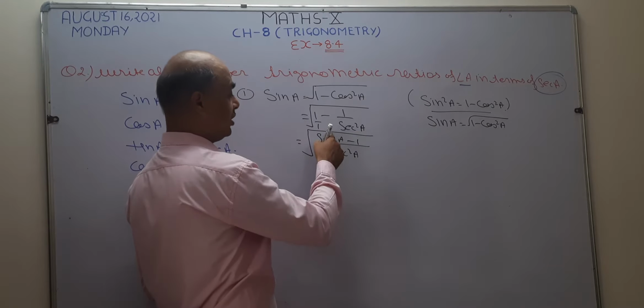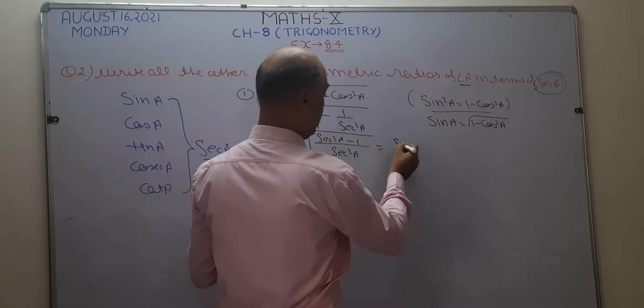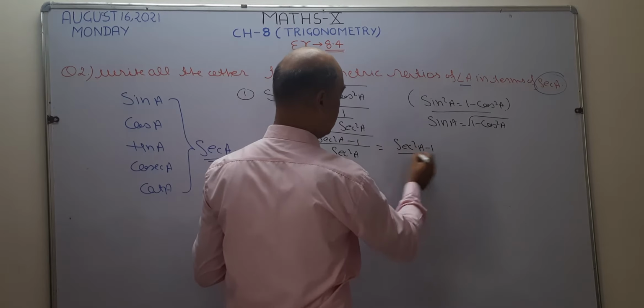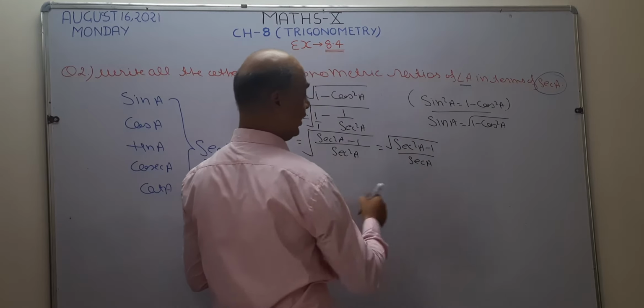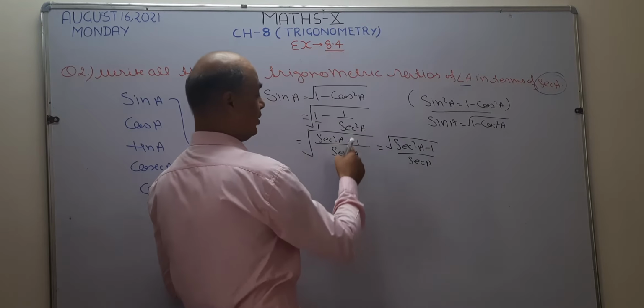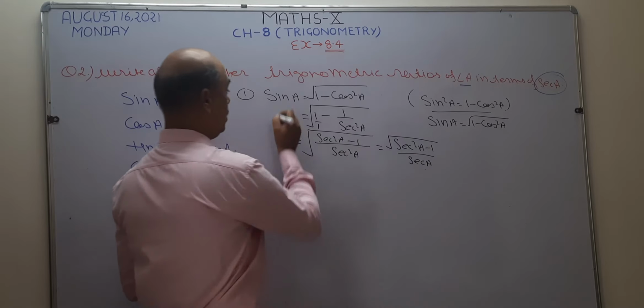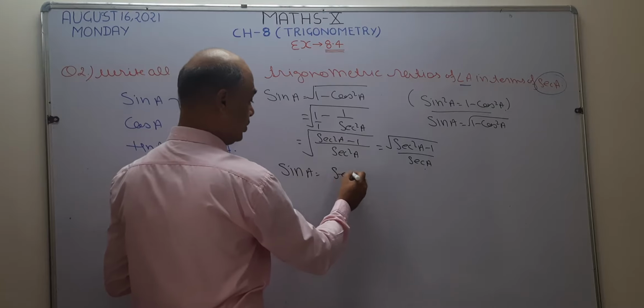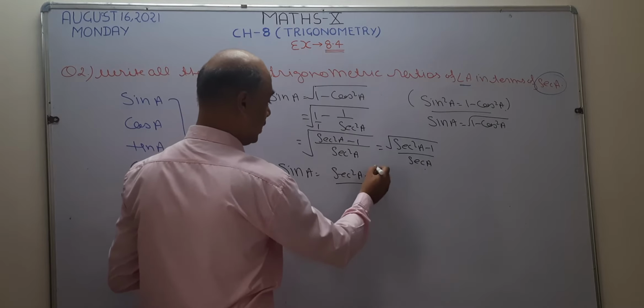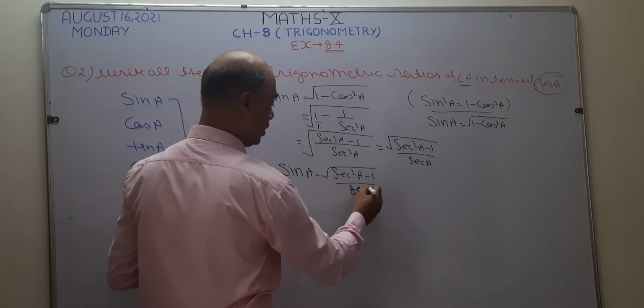Now this square is going to cancel with its square root. So the answer becomes secant square A minus 1, under root, upon secant A, and the square root is only for the numerator. The denominator's square cancels with the square root. So the value of sine A becomes the square root of secant square A minus 1, upon secant A.